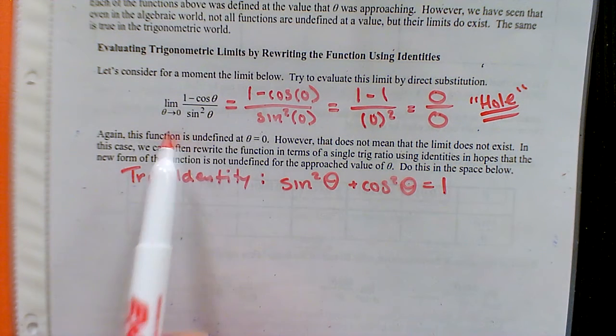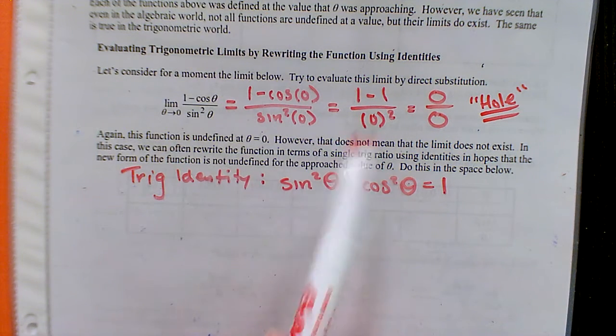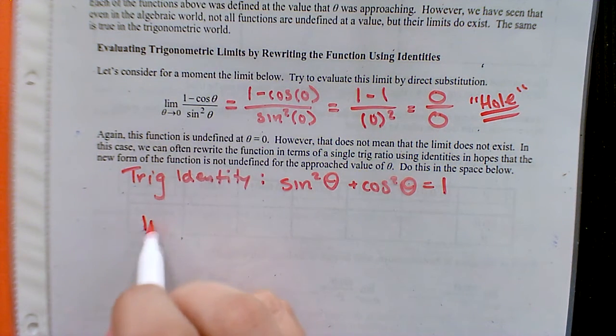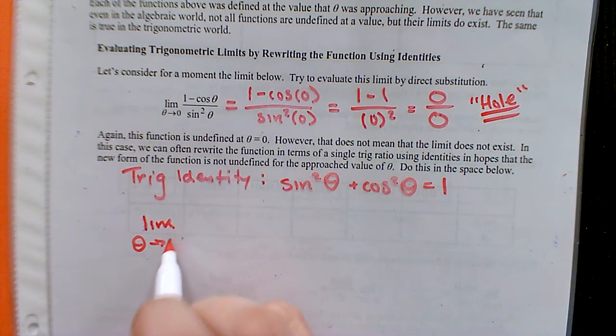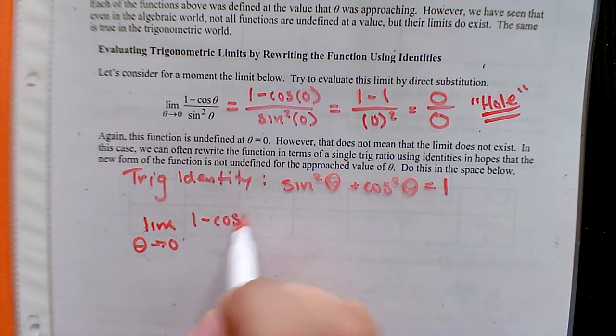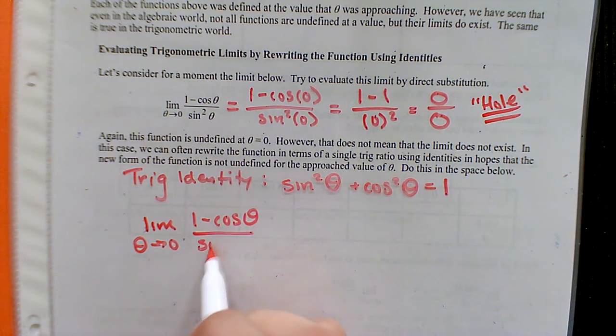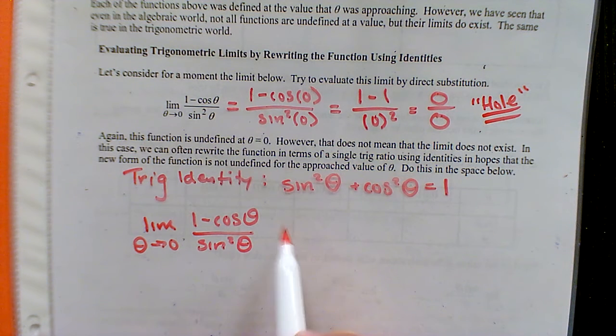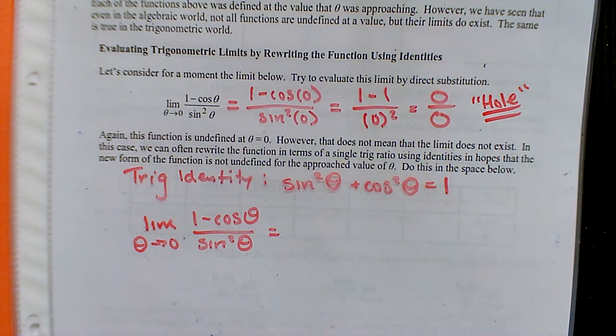Okay, so let's take a look at this limit that eventually resulted in a hole. Maybe we can factor if necessary, or use a trig identity to help us rewrite it somehow. Okay, so is there anything we can really do to the top? Can you factor the top? Can you rewrite the top? 1 minus cosine?